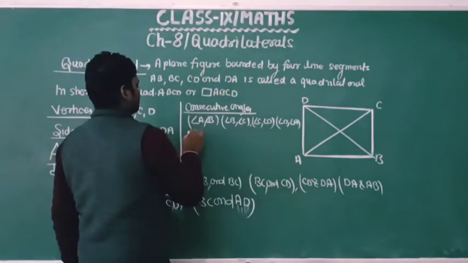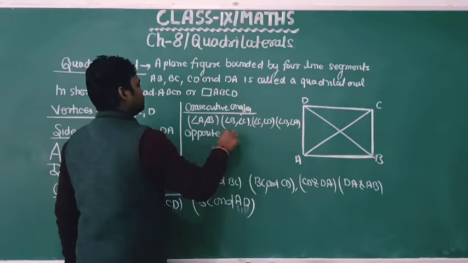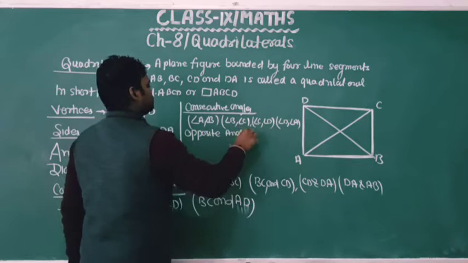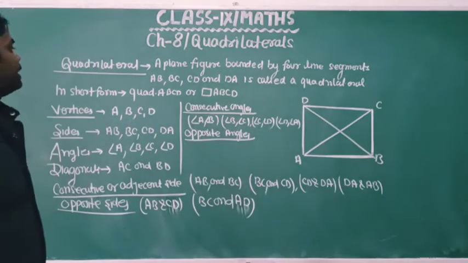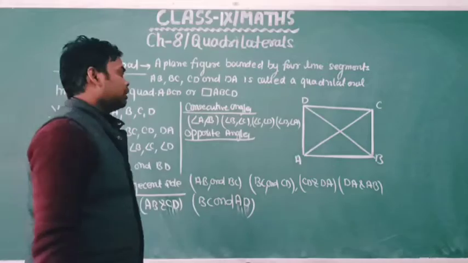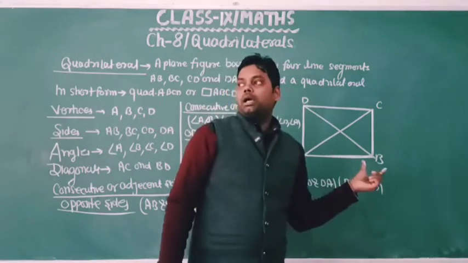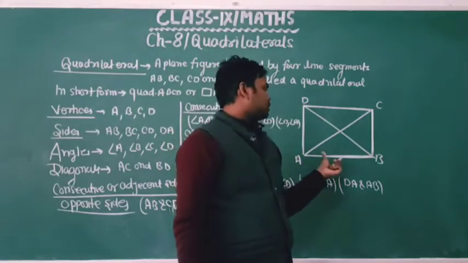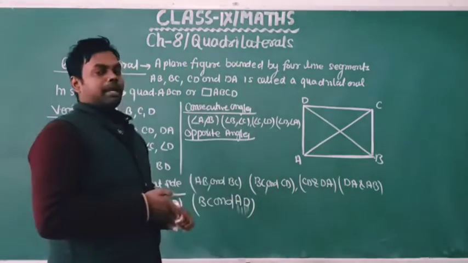Next, opposite angles. So the next term related to a quadrilateral is opposite angles. Two angles with no common arm are called opposite angles of a quadrilateral.